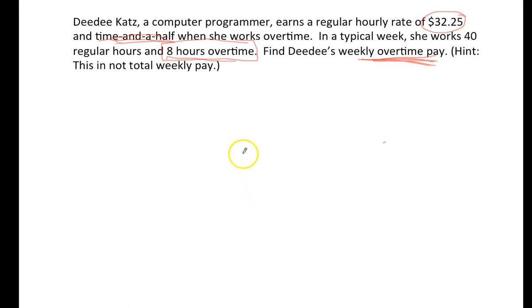The first thing we want to do is find out what her rate is for overtime. We're told she gets paid time and a half for overtime. So that's 1.5. 0.5 is a half, 1.5 times her regular rate. So we're going to take 1.5 times her regular rate, and that will tell us how much she gets paid every hour of overtime.